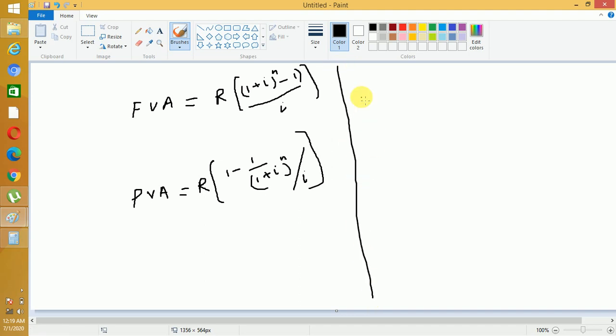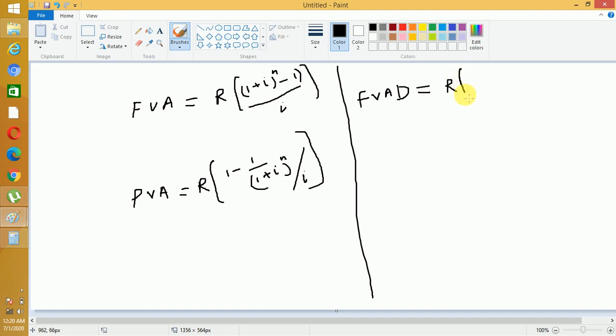Now in annuity due, future value of annuity due: look at this formula, the same formula.